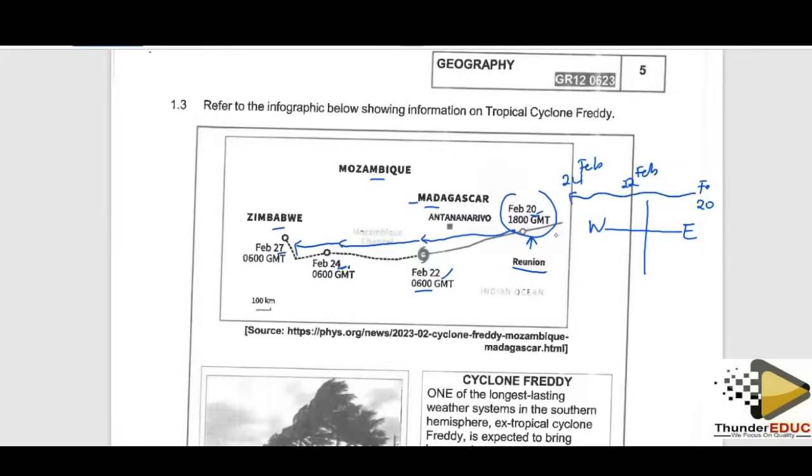It means it is moving from the eastern direction going to the western direction, by the mere factor of the dates given on the graph: 20 Feb, 22 Feb, 24, 27.